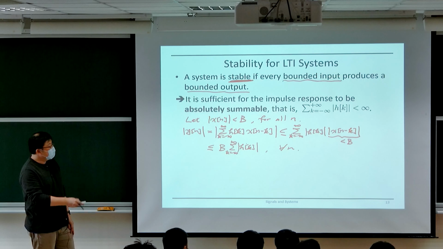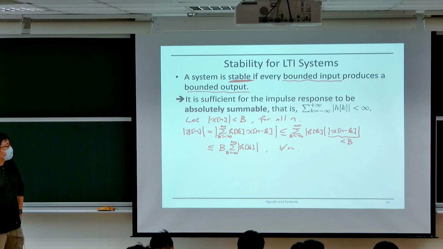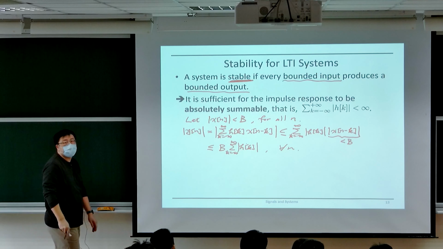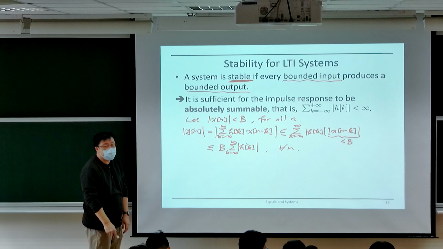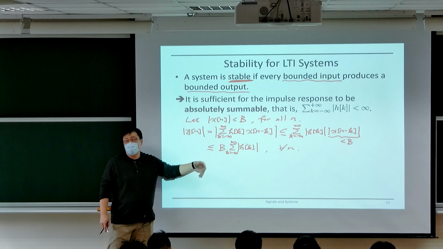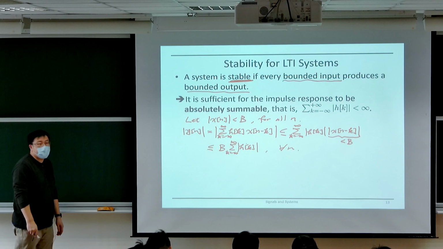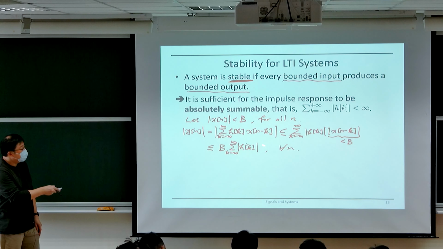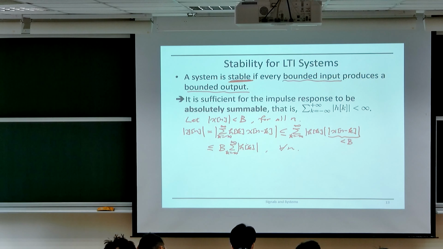Now, if this sum is finite, less than infinity, then y[n] will be bounded for all n. So therefore, we have shown that if the impulse response is absolutely summable, then the system is stable.